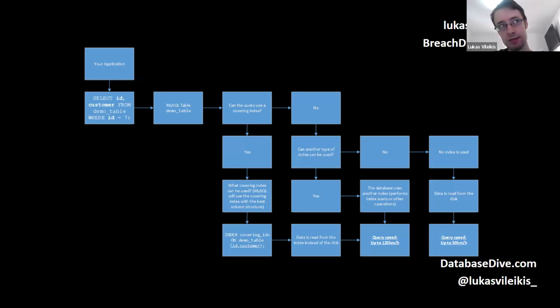And if it doesn't have the ability to use any indexes at all, it will read the data from the disk, and as a result of your database reading the data from the disk, your query speed will be significantly reduced. Because as your query reads the data from the disk, it has a lot of things to consider, and indexes are not helping it.